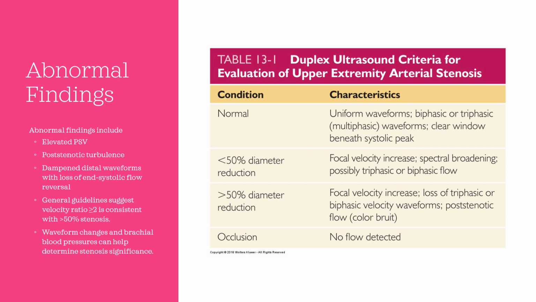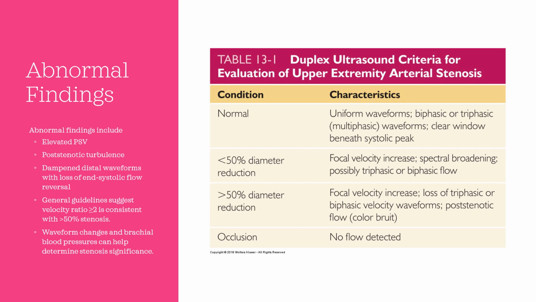Once we get up to a greater than 50% diameter reduction, we start to see significant focal velocity increases. We lose that triphasic or biphasic flow, and we get a lot of post-stenotic turbulent flow. And if the vessel is occluded, we would see no flow detected at all through the stenosis.